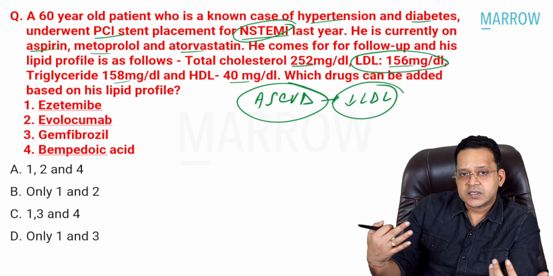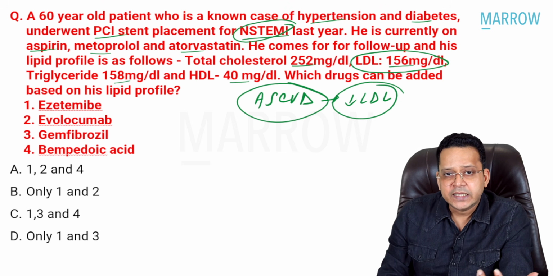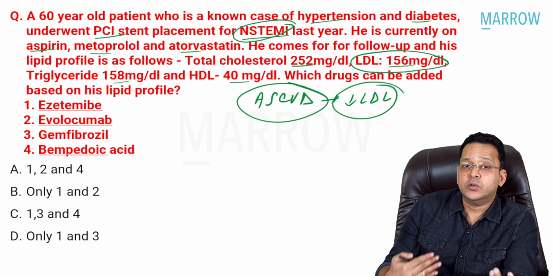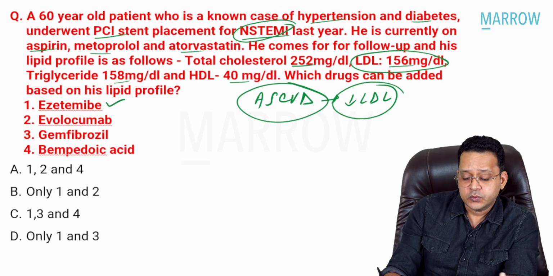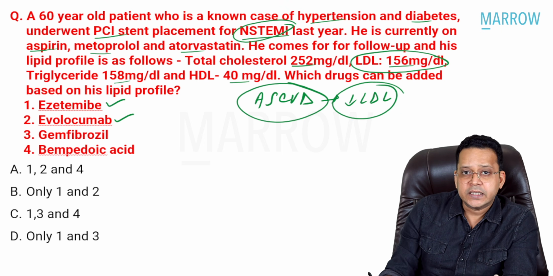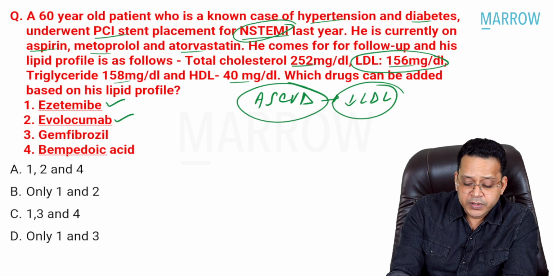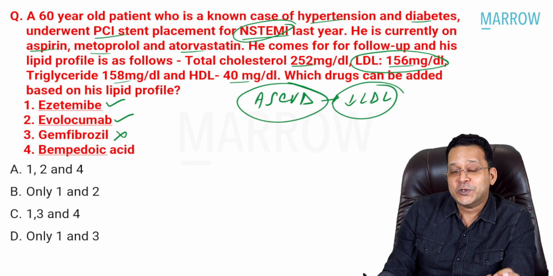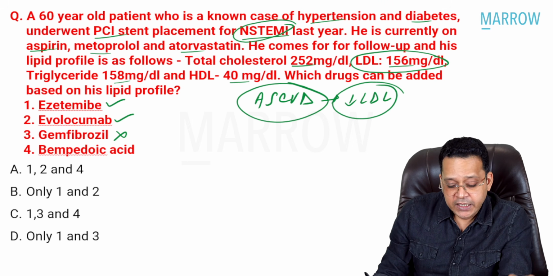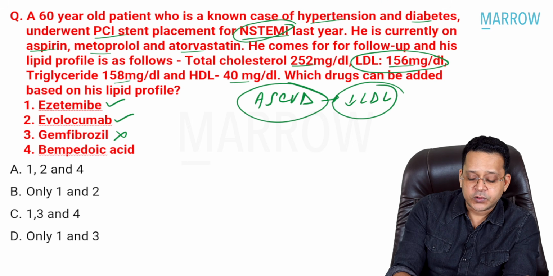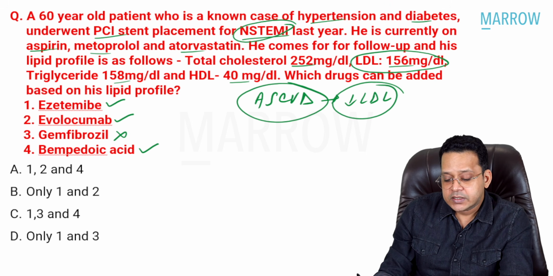So in other words, they're asking which of the following drugs can decrease LDL. So do I use alirocumab to decrease LDL? Yes, I use. Do I use evolocumab to decrease LDL? Yes, I do use. Do I use gemfibrozil to decrease LDL? No. It is a fibrate which is used to decrease triglycerides, right? And bempedoic acid, yes, I do use bempedoic acid to decrease LDL, right?